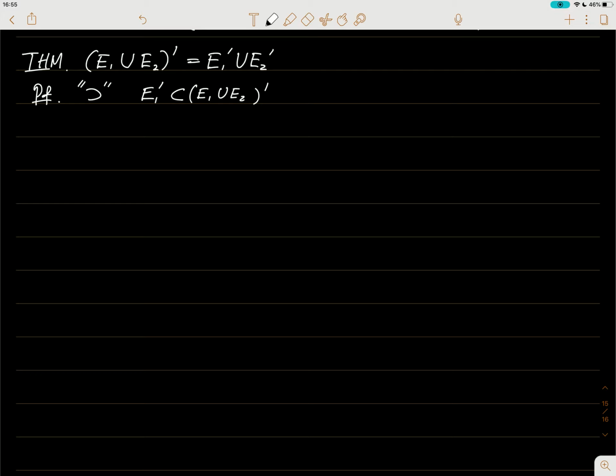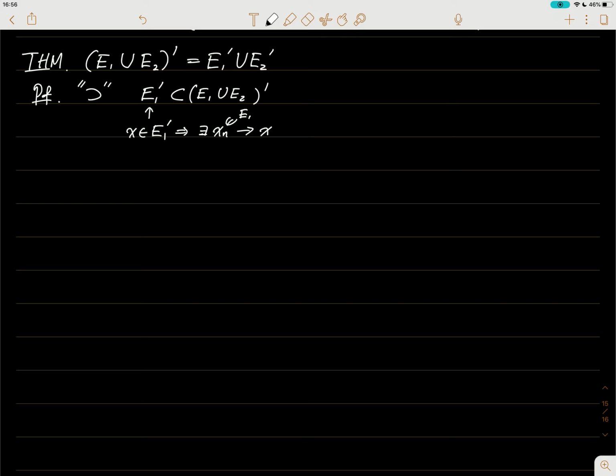The reason is, let's see, what is E1 prime? It is a collection of limit points of E1. So if x is in E1 prime, that means there exists a sequence, we call it xn, in E1 that converges to x, right?